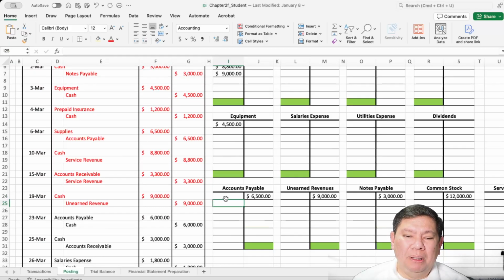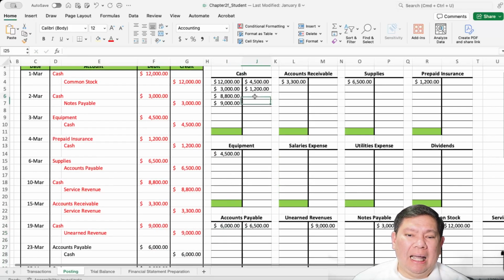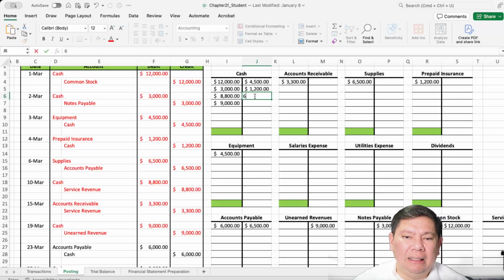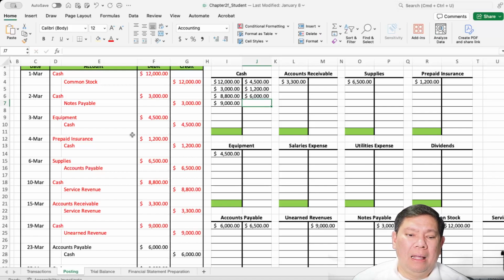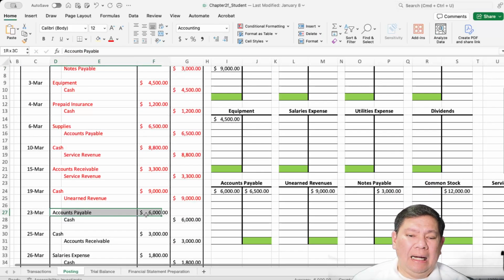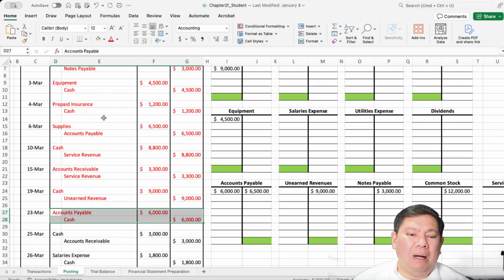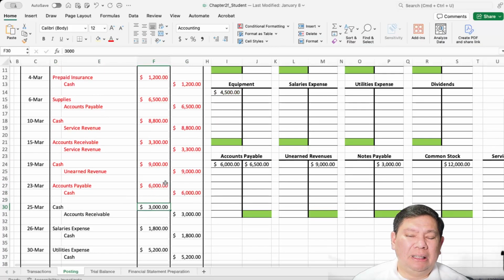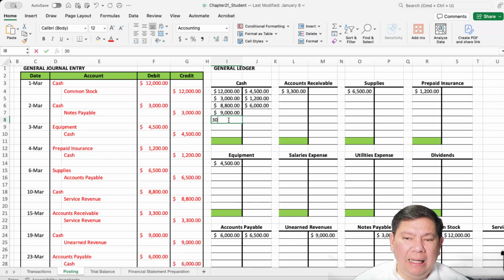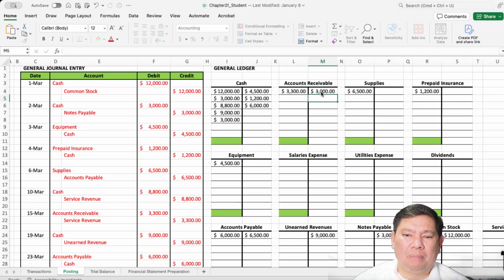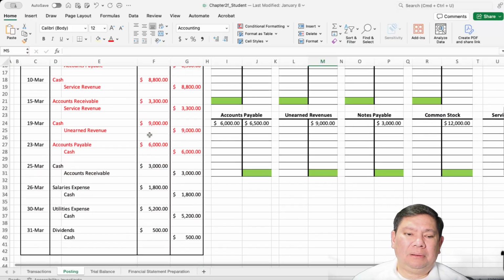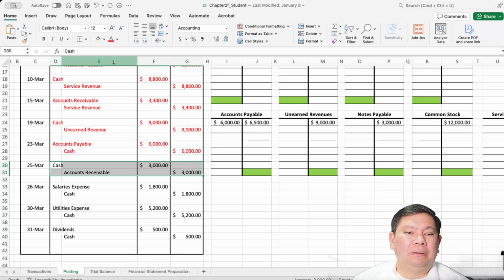So when accounts payable goes down, we put it on the opposite side, $6,000. Cash goes down $6,000. Okay. And then we receive payment from our customer, $3,000, to pay the accounts receivable here. So accounts receivable goes down by $3,000. We did that.